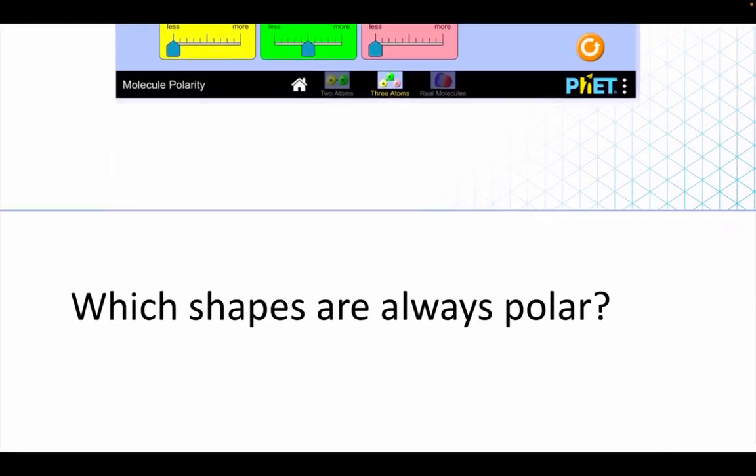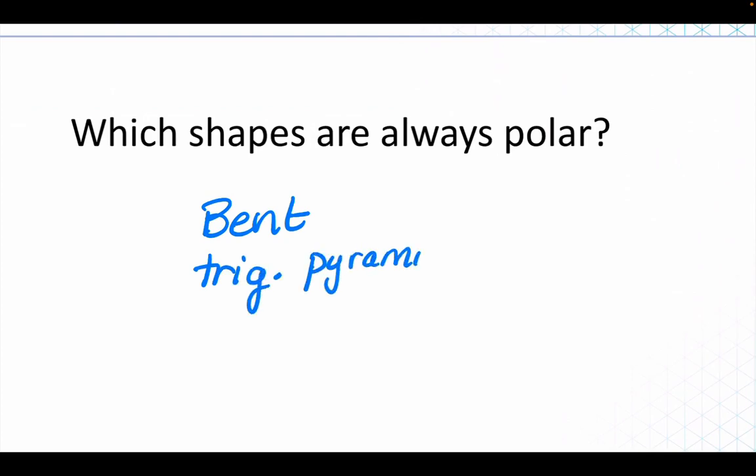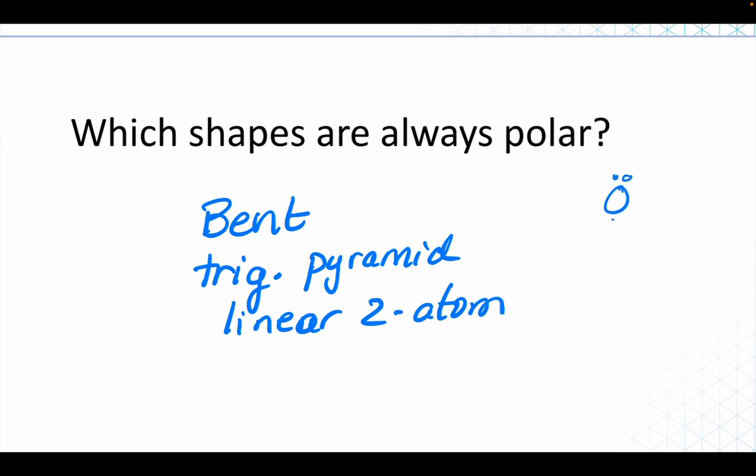So I'm going to continue. Which shapes are always polar? Bent and trigonal pyramids are, and linear, two-atom linears if they're not the same element. So bent, I don't bend them when I draw them, but in pyramids, you can see if there are lone pairs on the central atom.